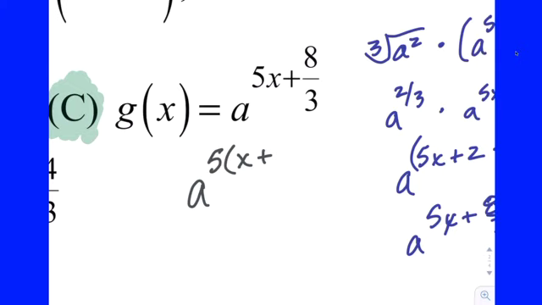What's 8/3 divided by 5? Or what's 8/3 times 1/5? 8/3 divided by 5, which is 5 over 1. Stay, change, flip. 8/15.